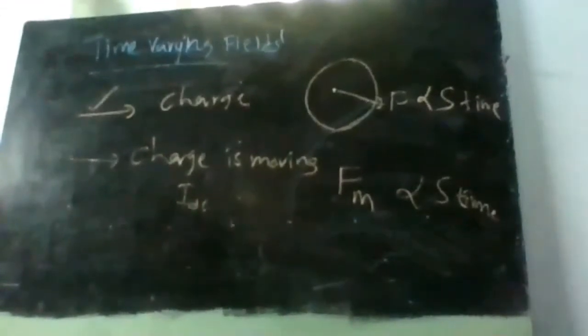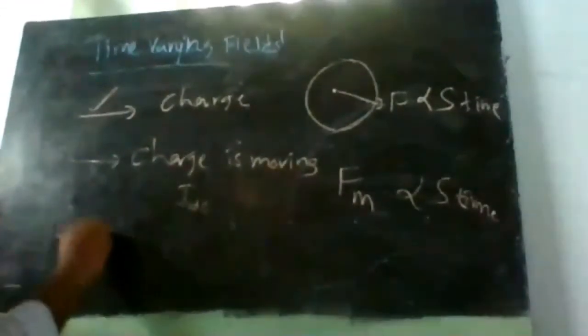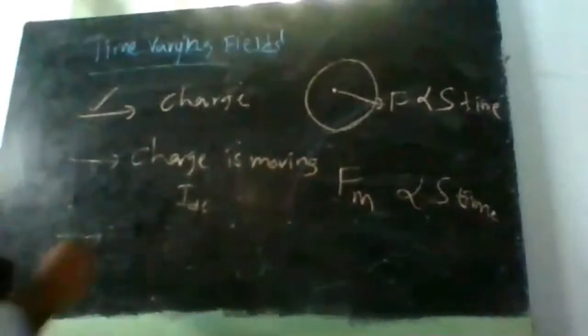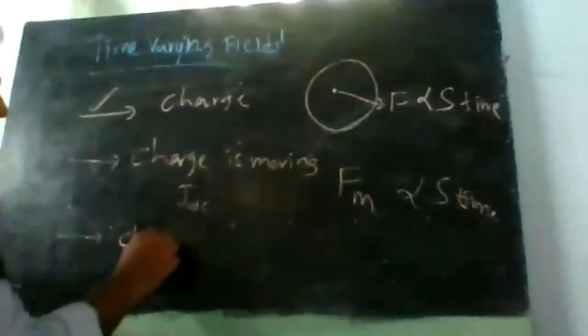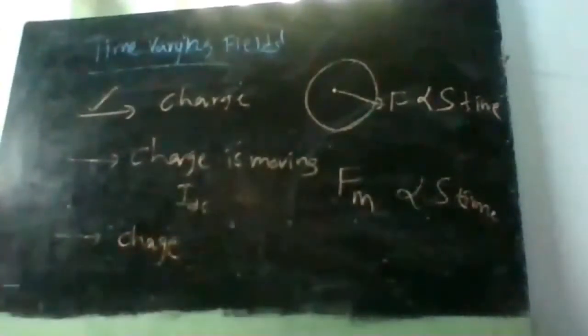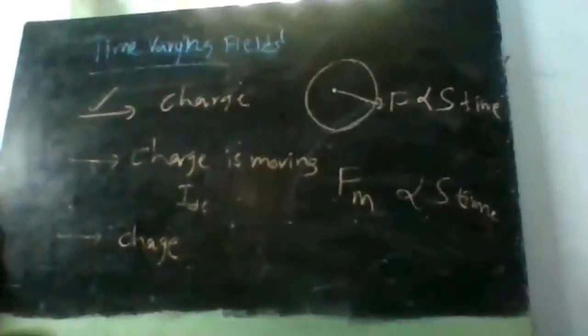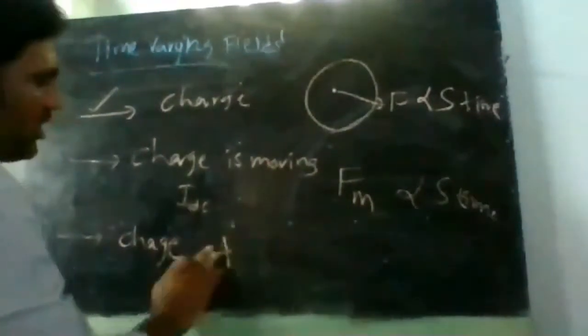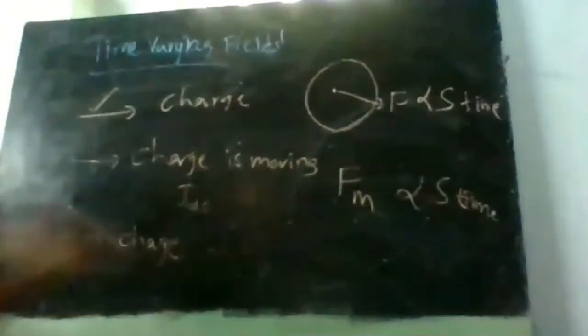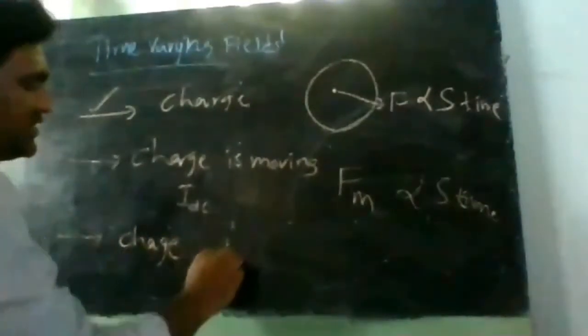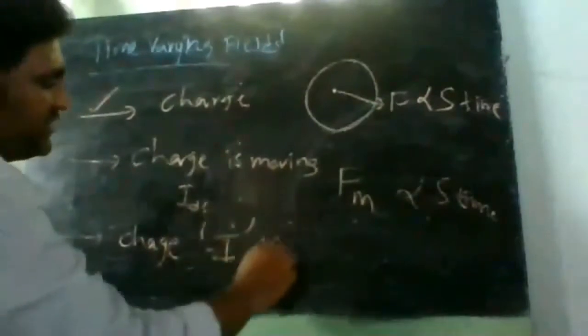Now the third thing that we are discussing is whenever the charges are moving with acceleration. That is, the current that we are applying is AC current, or we make the current I vary with time.